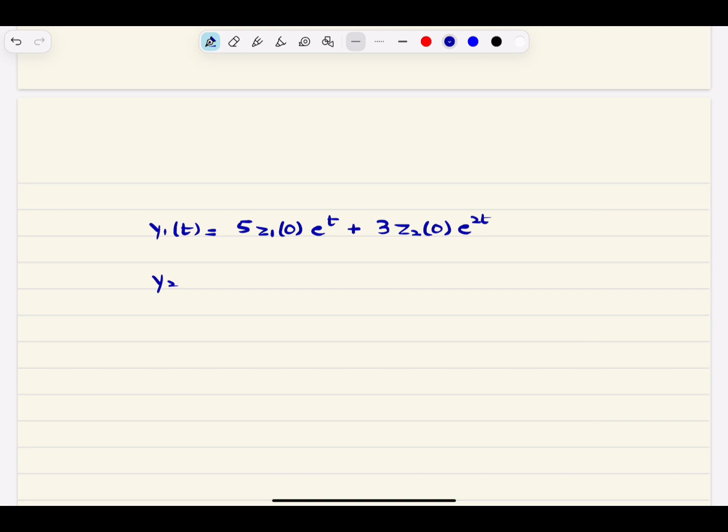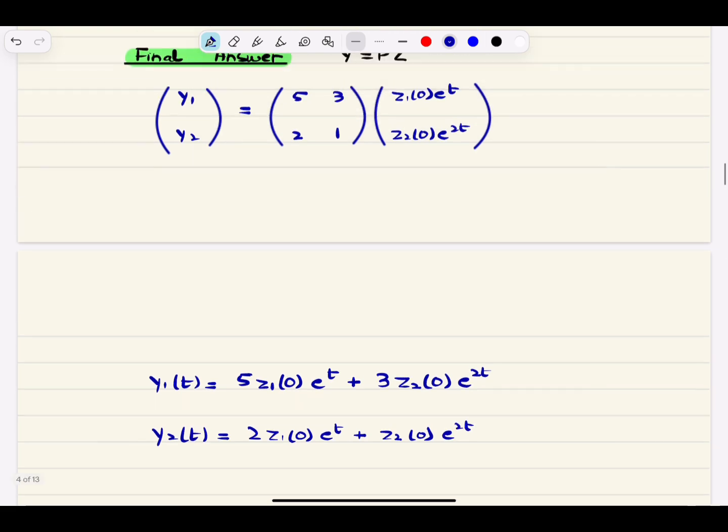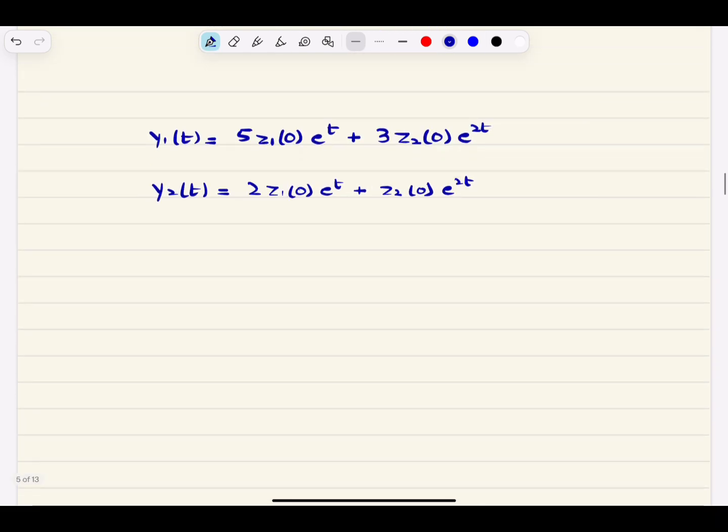Then y2(t) is 2 z1(0) e^t plus a z2(0) e^(2t). As you can see, we have unknowns over here, right?